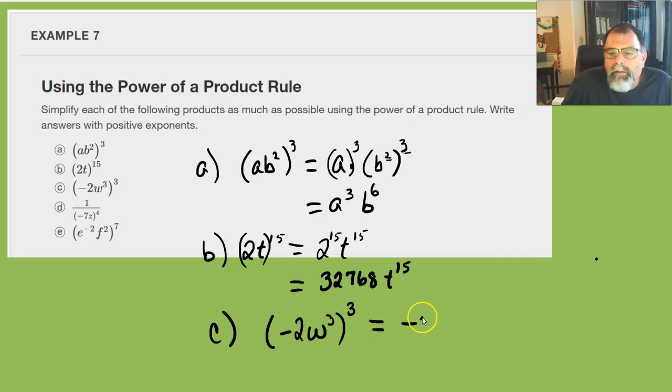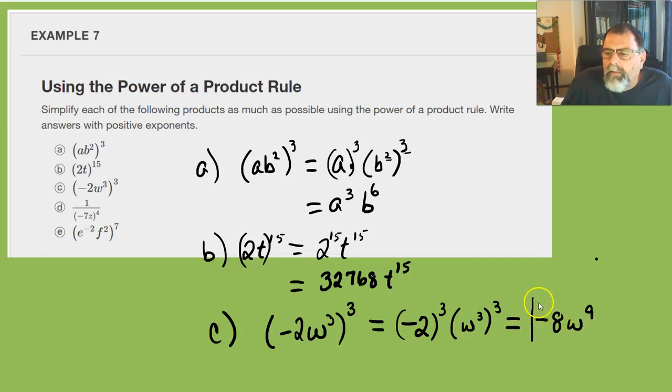Okay, so we're going to use the product rule. So (-2)³, (w³)³, and then we get negative 8, negative 2 times negative 2 times negative 2, and then power of a power, that'd be w⁹. Okay, and then that's our final answer there.